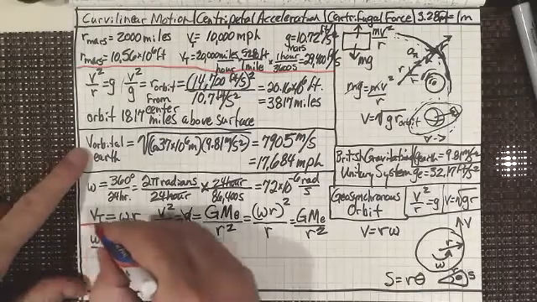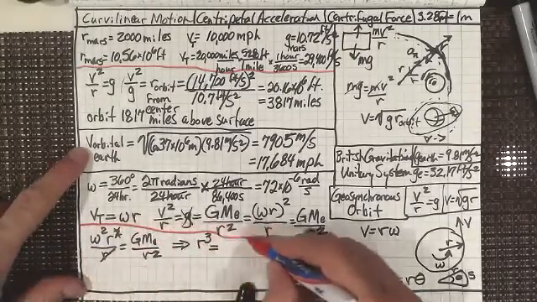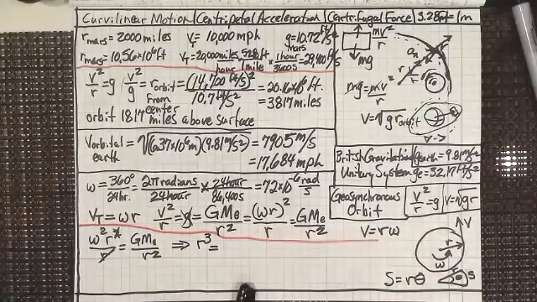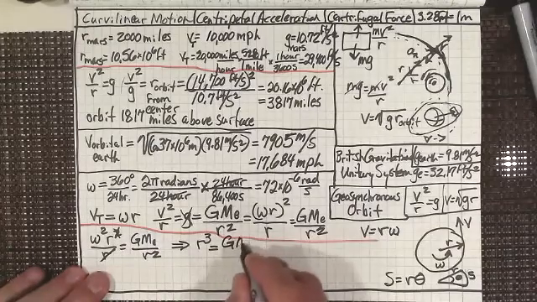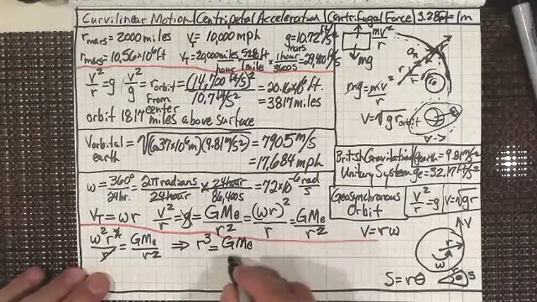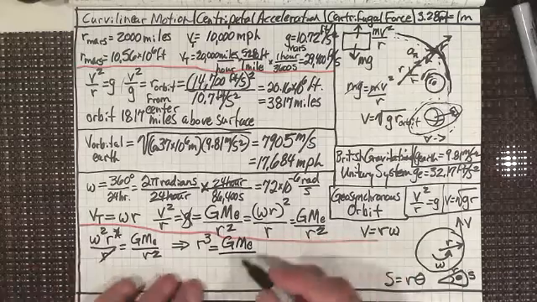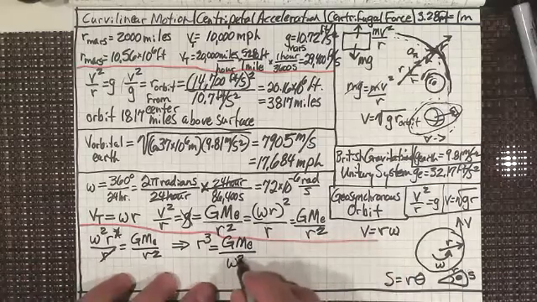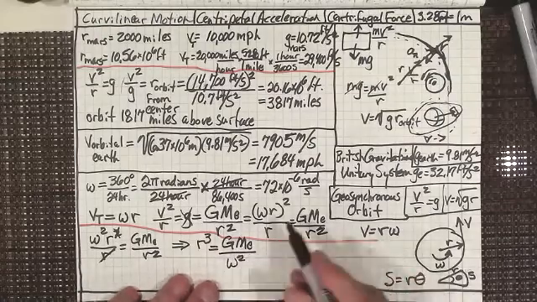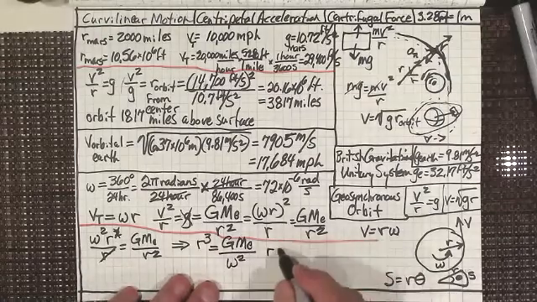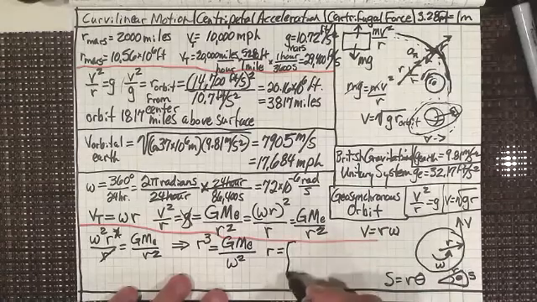I'm just about done. R cubed then is going to be g times the mass of the Earth divided by omega squared. Or we can say that r is going to be equal to the cube root of g.